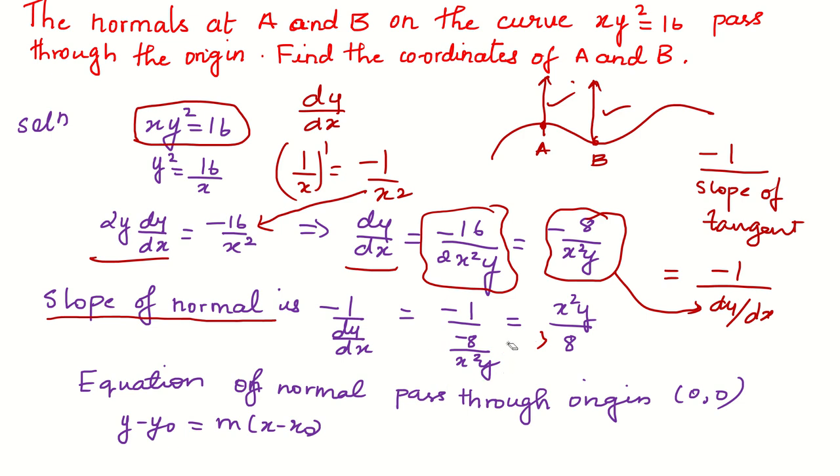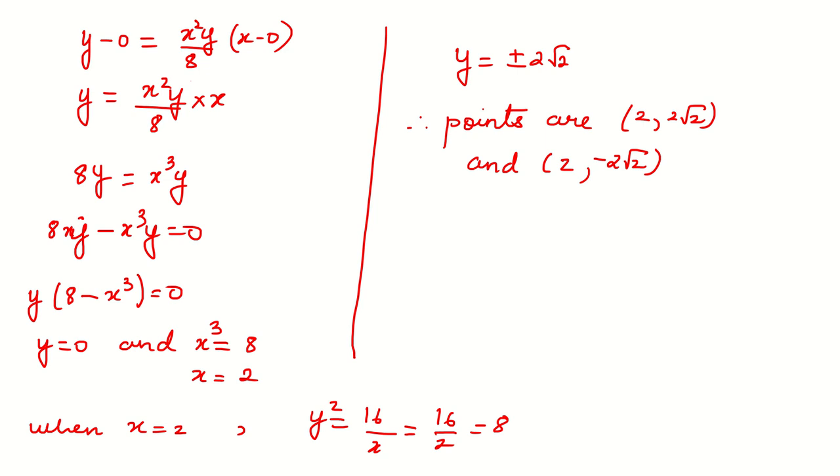Now this is the slope, and the normal passes through the origin. So I have one point and one slope. So slope and point are enough to find the equation of the line. So I find the equation of the line, and the equation of that line is this.